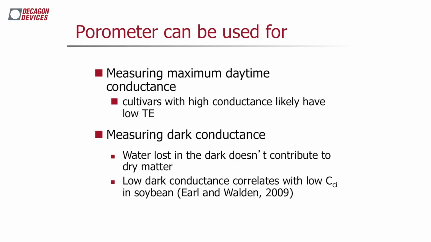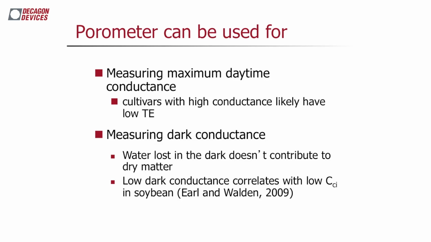But measuring dark conductance, what do I mean? Meaning the stomatal conductance of plants in the dark. Water loss during the dark obviously doesn't contribute to dry matter production or photosynthesis, but low dark conductance has actually been found in soybeans to correlate with low concentrations of CO2 inside the leaf.